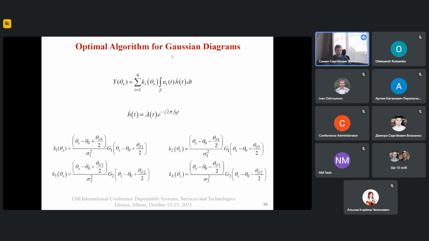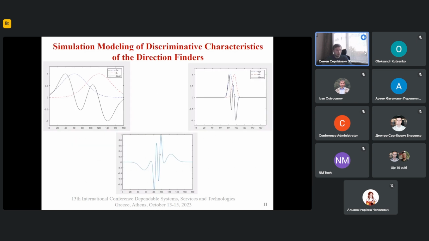And in the case of Gaussian diagrams, we have such a formula. So we have to take the characteristic of our antenna pattern for the first antenna, second, in the case of its shift to the right hand, to the left hand, and some multiplication. So using all these optimal coefficients, we will get the result of angle measurements.